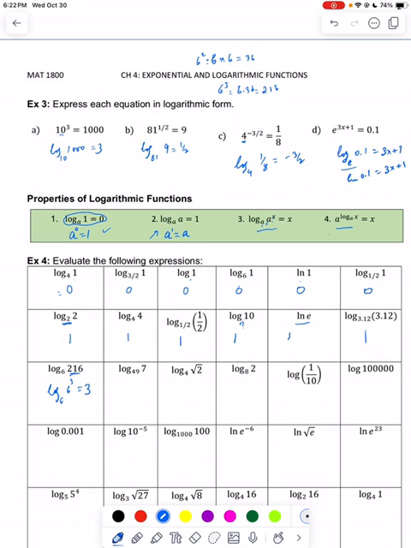By the way, 7 can be written as the square root of 49, or 49 raised to the power 1/2. So I can write it as log base 49 of 49 to the 1/2. So using the property 3, I get 1/2 as my answer.